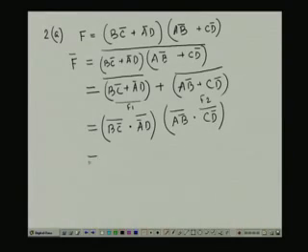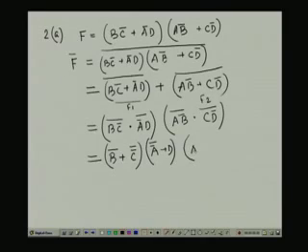Now, we apply the same rule and this becomes B bar plus C, into A bar bar plus D. Similarly, this term becomes A bar plus B bar bar dot C bar plus D bar bar.